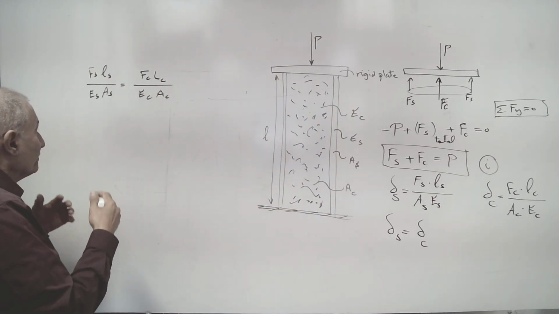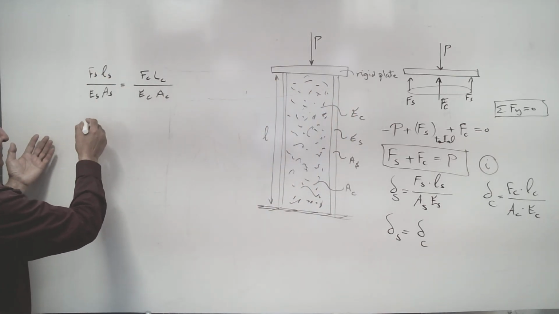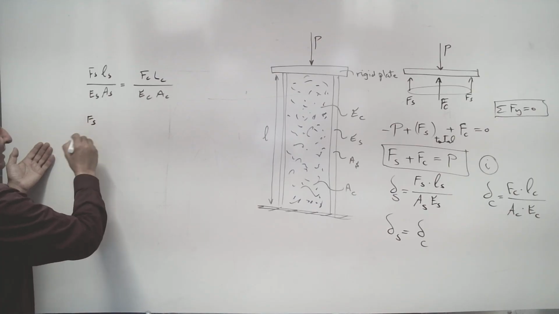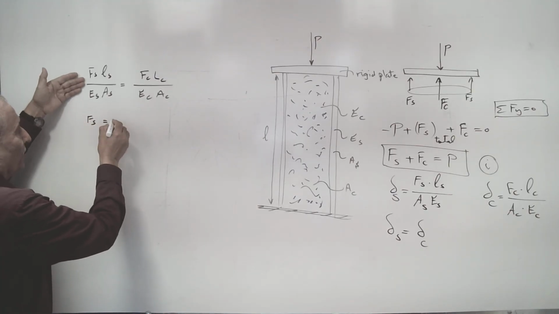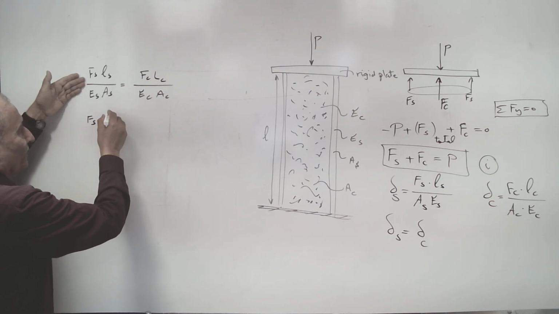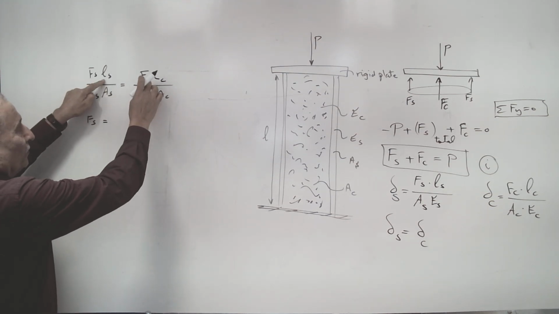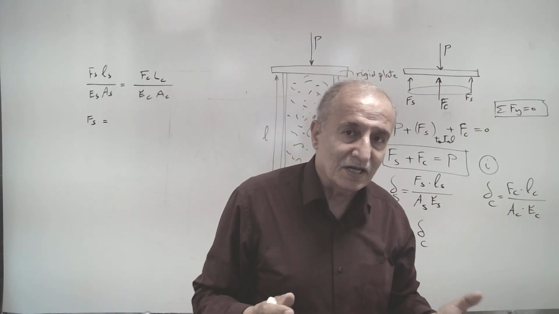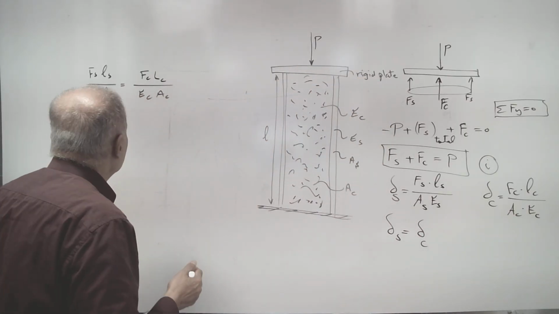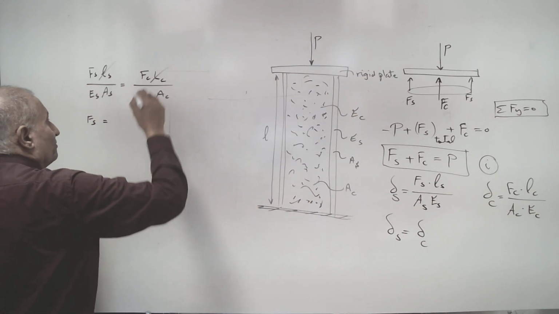Then we can reach another equation, and we can find F steel equals to, we only know that the length in both is the same. L steel and L concrete are equal, so you can cancel these two out.